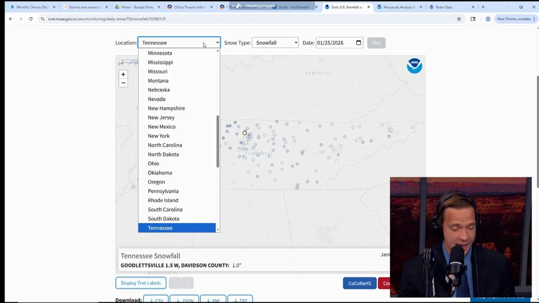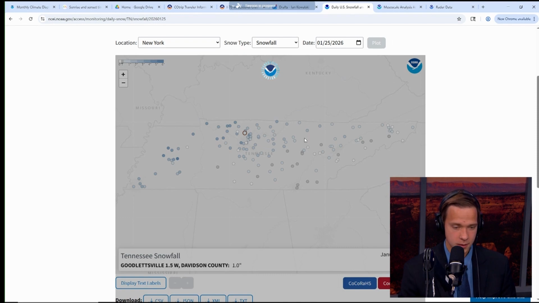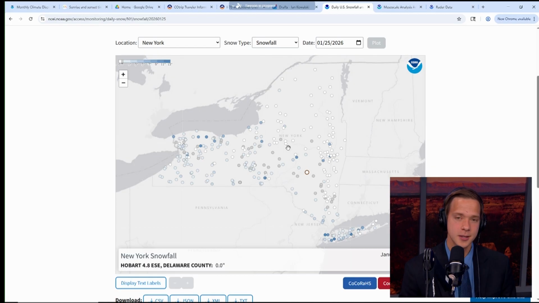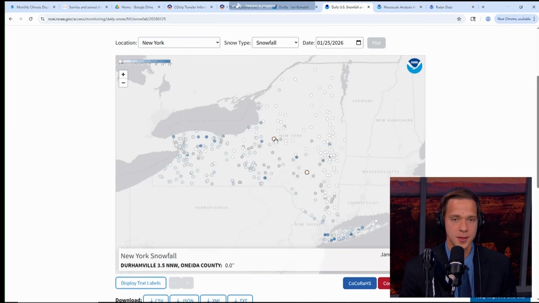So let's take a look at those snowfall totals while we're here on our map. All right, we'll look at the 25th right here. And as it loads a little bit, we'll see a big day of snow varying a little bit. You'll notice here some of those dots don't actually have snow in them, but some of them do. That's because some of those sensors don't always remain up to date. It's perfectly normal because it's a very complex system.